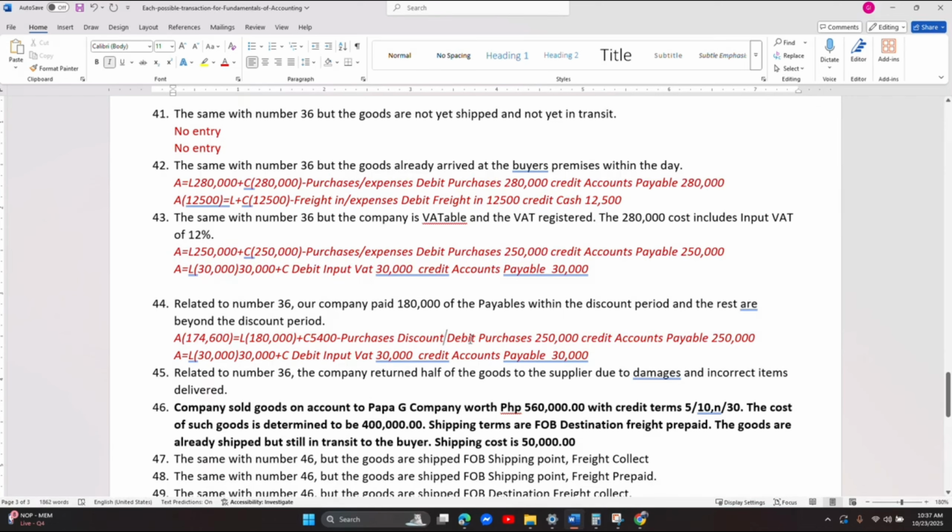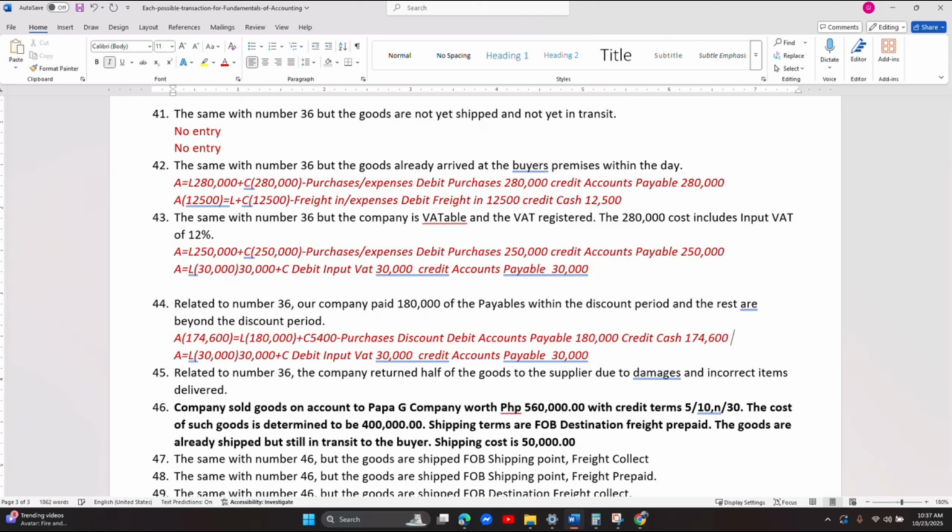How about when making journal entries? Of course, you have to debit accounts payable in full, not the discounted amount: 180,000. And then we have to credit cash, not the 180,000, it's only 174,600.